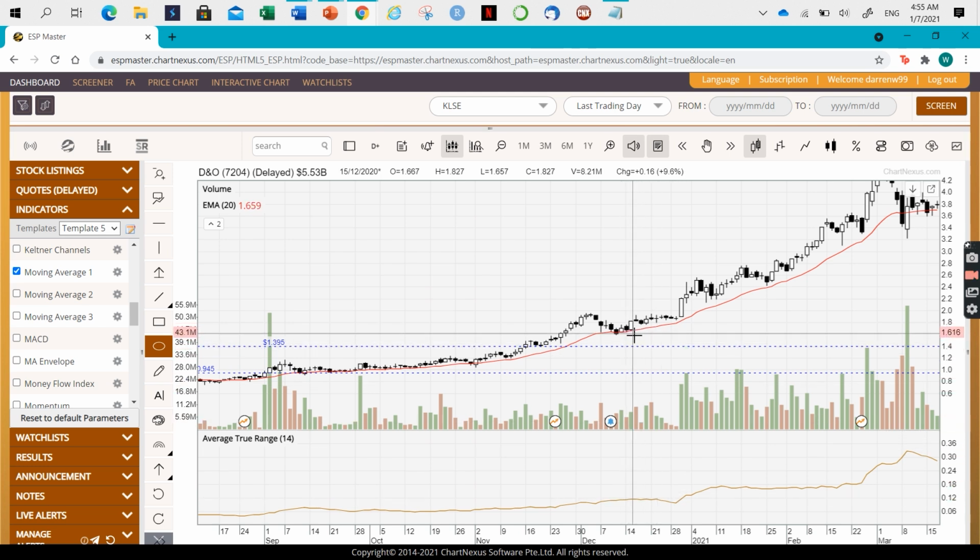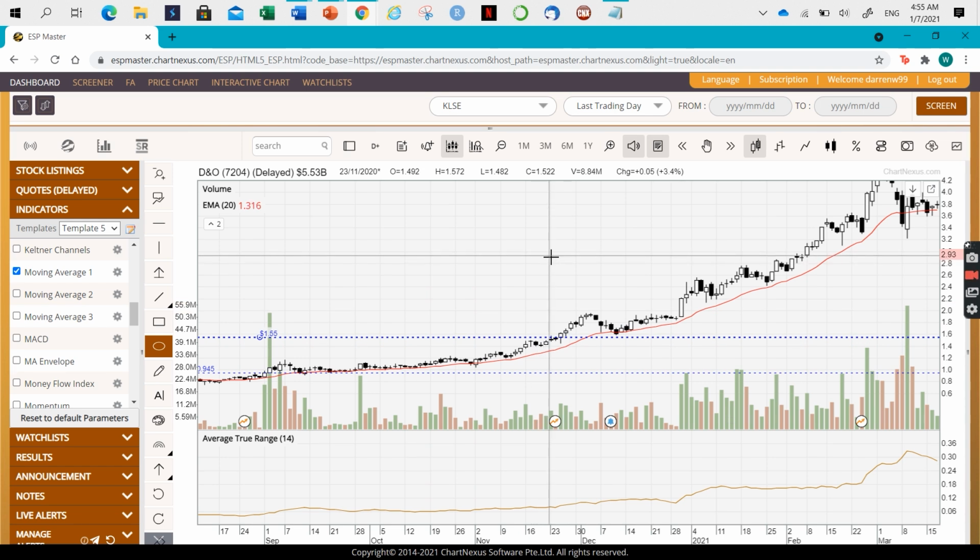So you want to set your stop loss 11 cents below 1.657, which will give you about 1.547, 1.54 basically. Let's just put 1.55. We round it up. So 1.55 here.